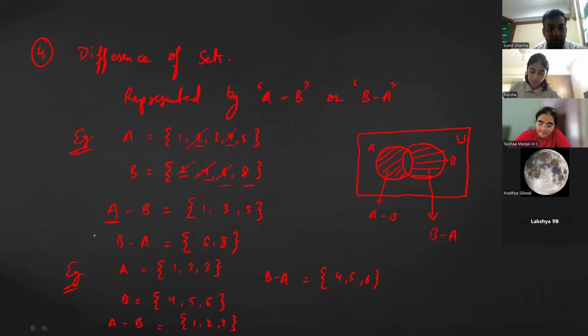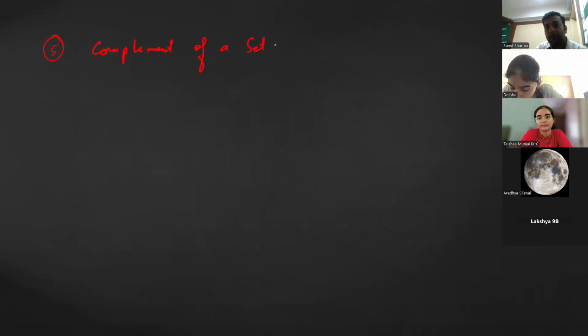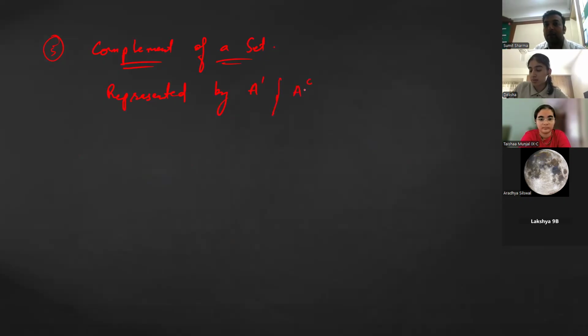So now let us come to the next topic, which is complement of a set. What do we mean by complement? First of all, it is represented by A dash, and sometimes it is represented by A raised to power C also, A complement.